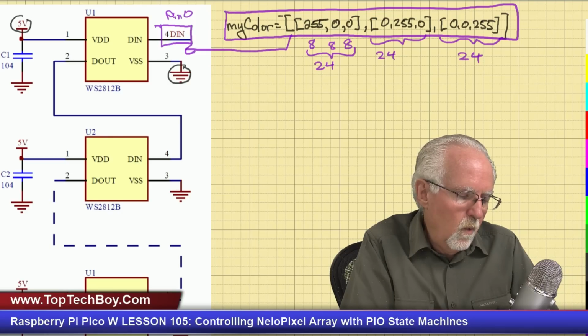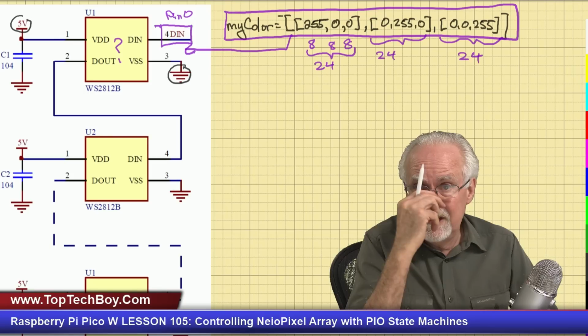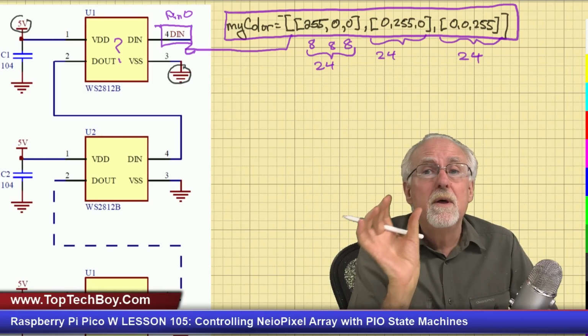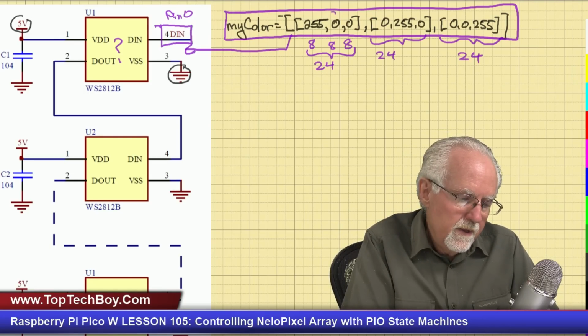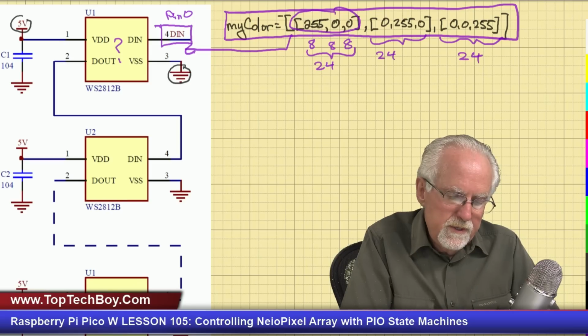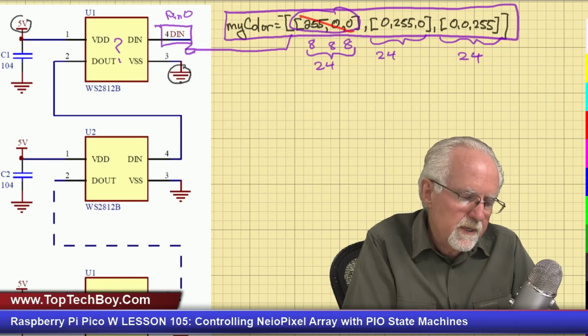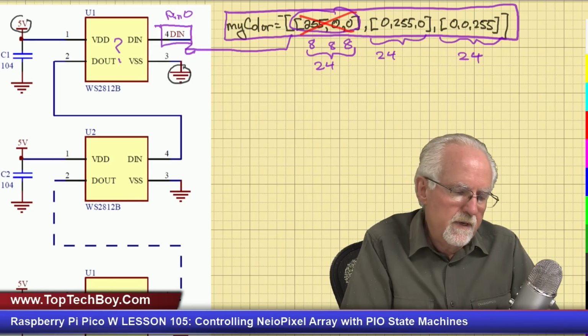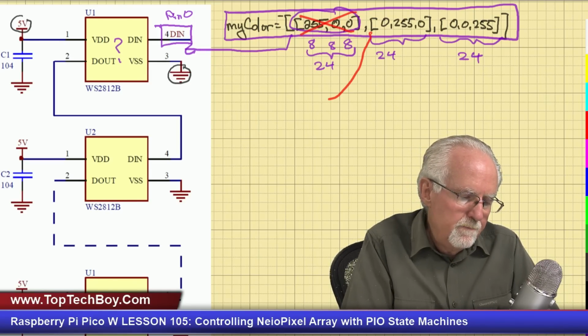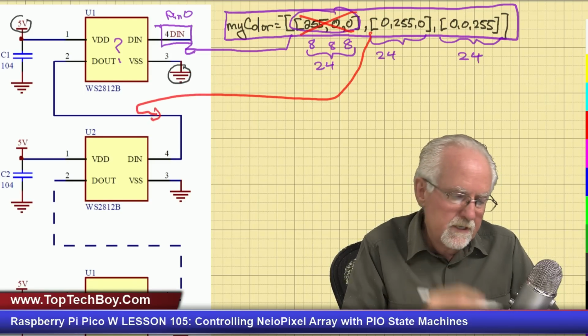Okay, now what does DIN do? DIN takes the first data point, the first little packet of color, this one, and what does it do? It keeps it and then takes it off the array, and then it passes the balance down to the next pixel.